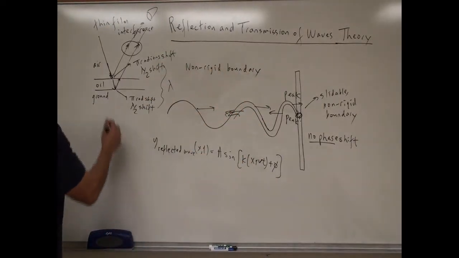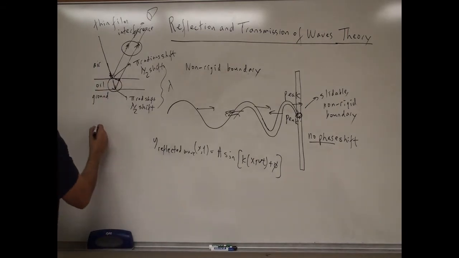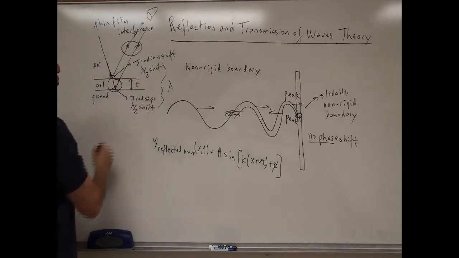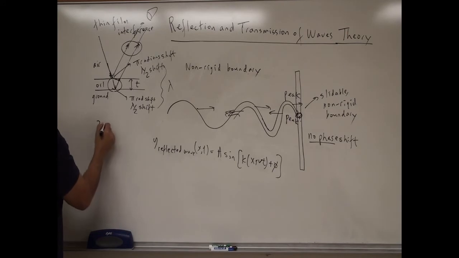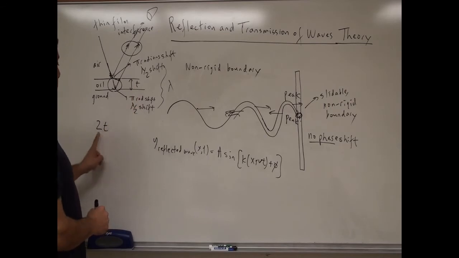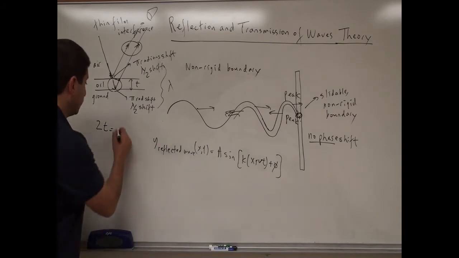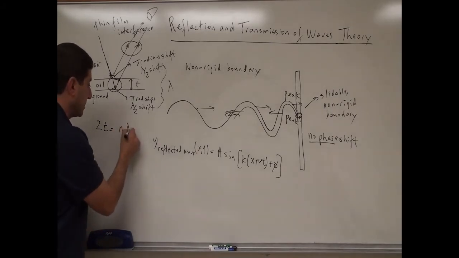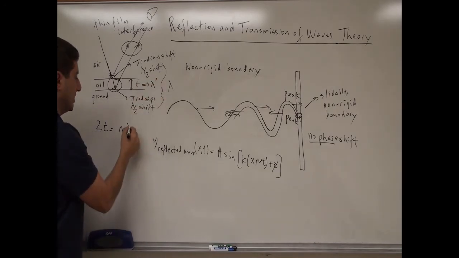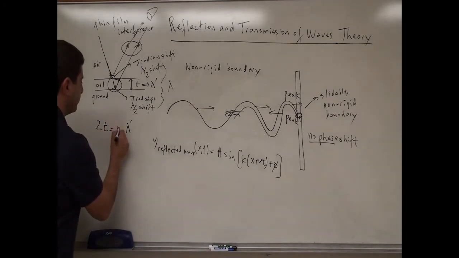Then what we're going to argue is, if the extra distance that this traveled in here, because this wave traveled an extra distance, right? This is the thickness of the oil, so then we're going to say twice the thickness of the oil, we're calling it T. If twice the thickness of the oil is equal to some integer times the wavelength of the wave in the medium, lambda prime, and we're calling this integer m.